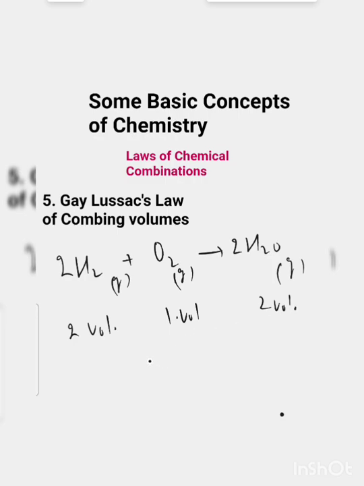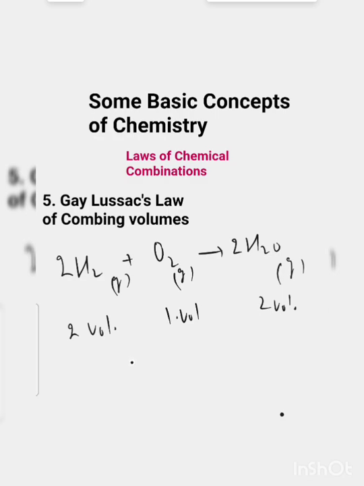What this particular law says is that under similar conditions of temperature and pressure, whenever gases react together, the volumes of the reacting gases as well as the products, if gases, bear a simple whole number ratio. So this is two volumes of hydrogen, this is one volume of oxygen. The condition for this particular law is that the conditions should be similar, that is, temperature and pressure should be similar.